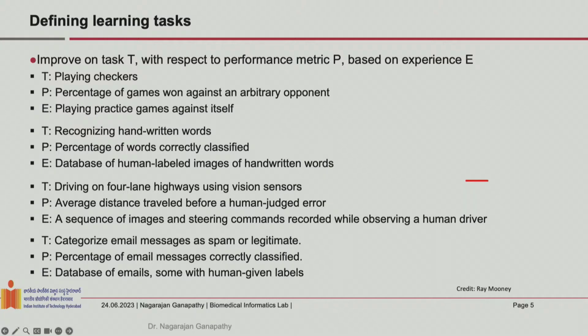By using this TPE rule, the machine learns, and that's basically a learning algorithm approach. For example, a task is to play checkers. The performance metric is the percentage of games won by the participant. And the experience? Over a period of time, the performance improves, the task improves. This is what we call simple learning.